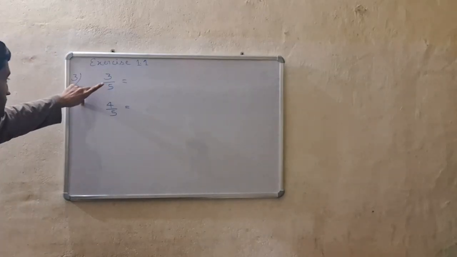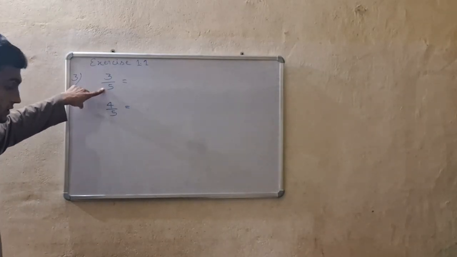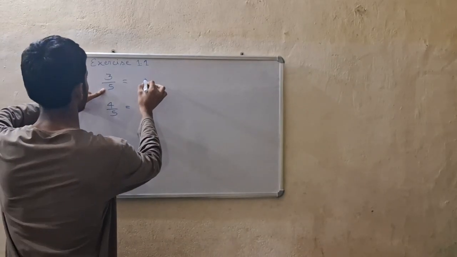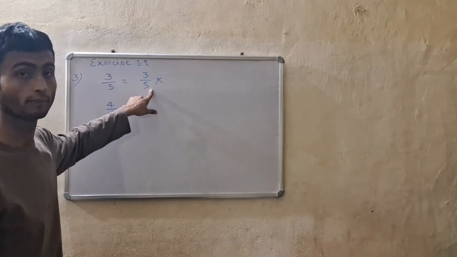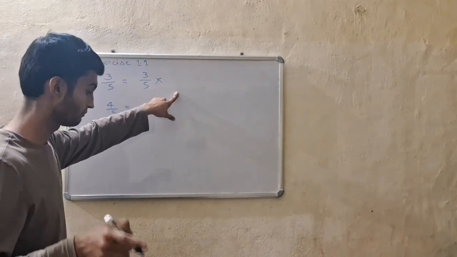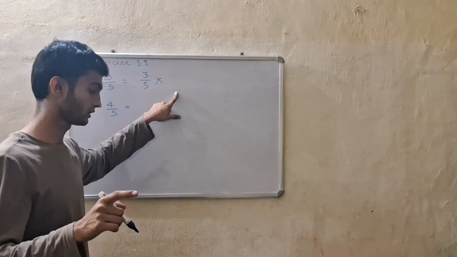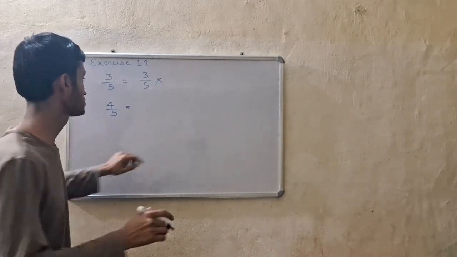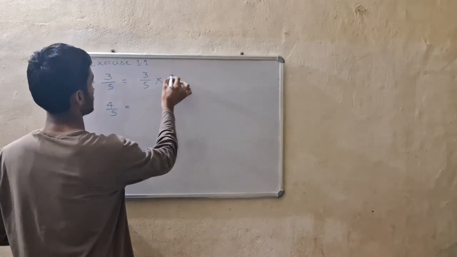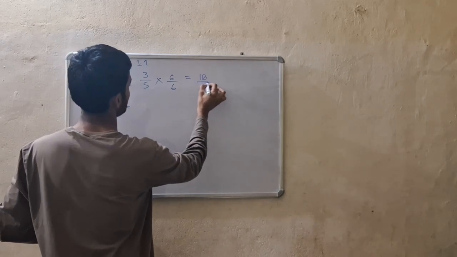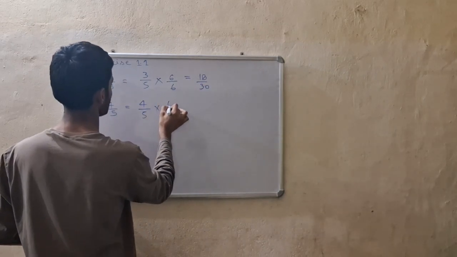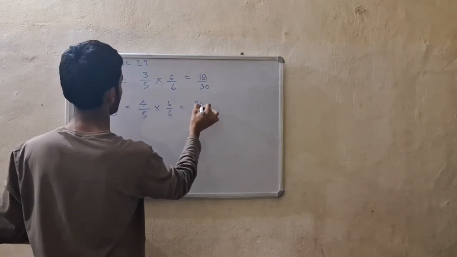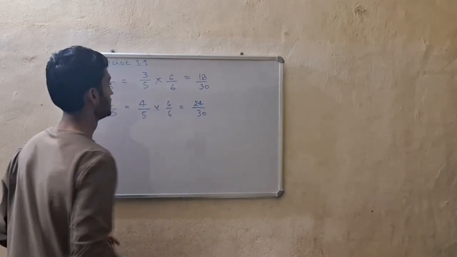What we have to do is change this denominator. We will multiply this denominator by 5 plus 1 because we are to find 5 rational numbers, so we will multiply it by 6. So 3 upon 5 becomes 18 upon 30, and 4 upon 5 becomes 24 upon 30, right?